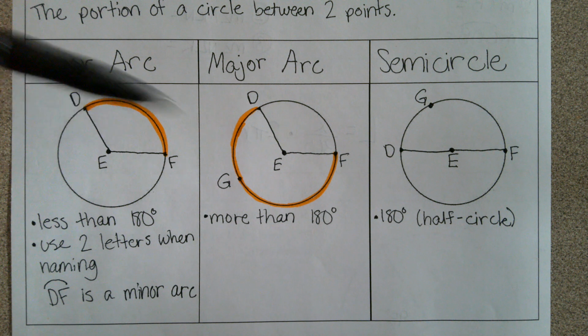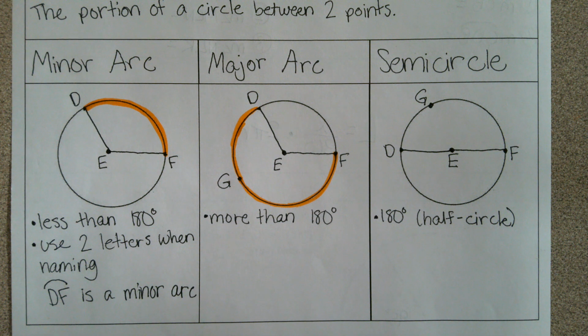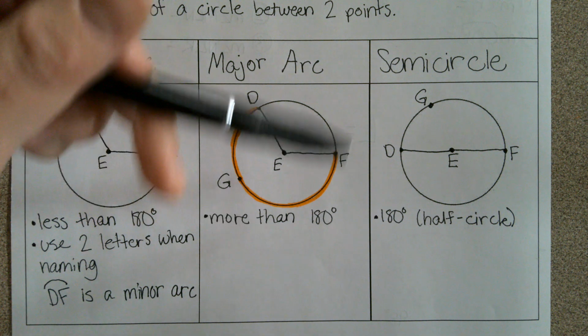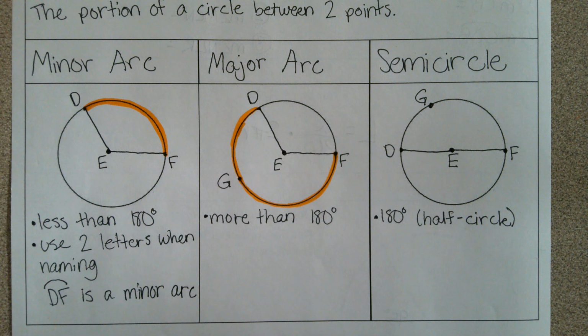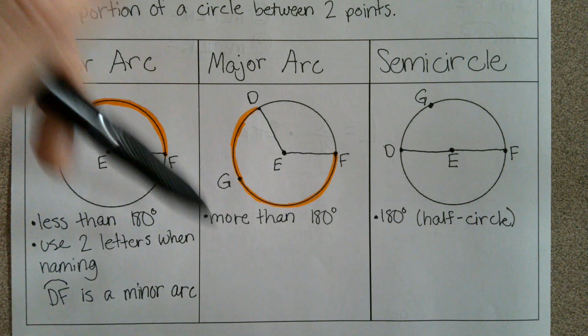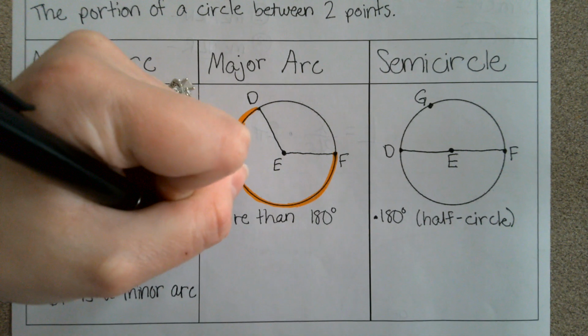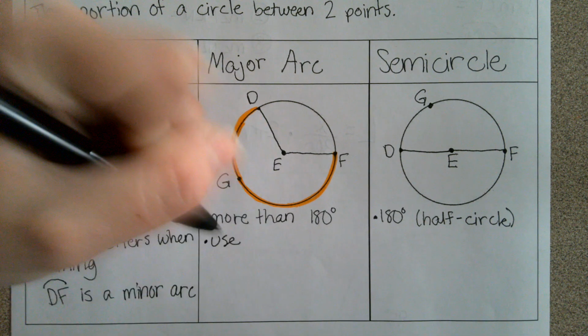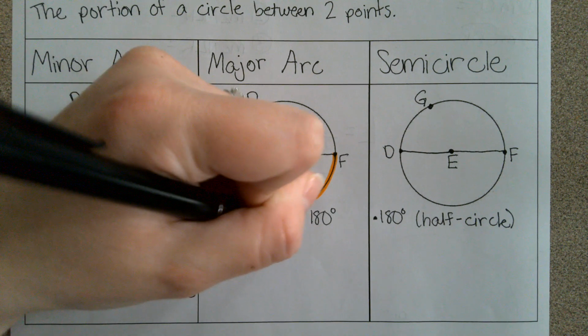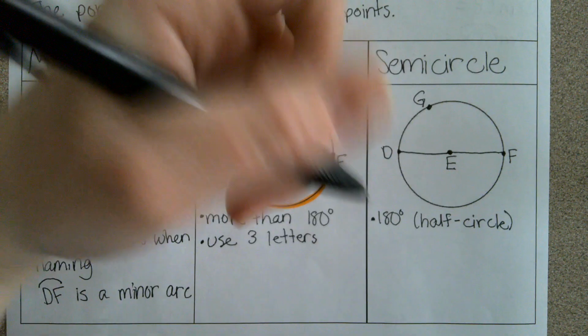To be able to tell the difference when writing out names, since a major arc is a lot bigger, we got to change it a bit so it's not confused with the minor arc. Minor arc we use 2 letters, major arc you have to use 3. So we use 3 letters when naming.